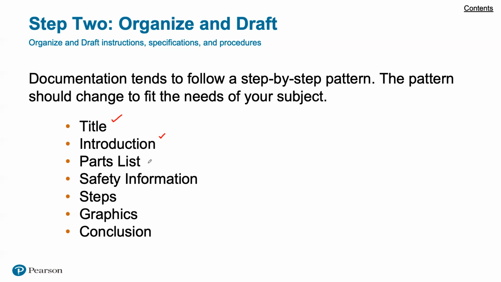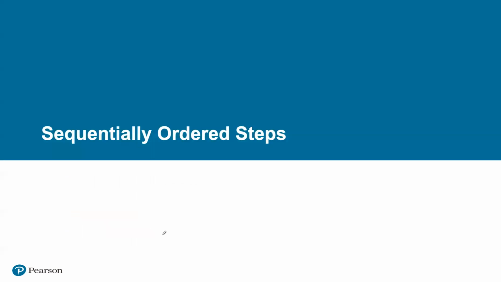Then start listing the parts list. Here you have a technical audience looking for specific information, so you need to make sure that's captured. Is there any safety information for the use of this product, service, or capability? What are the steps? You'll be walking through that. You can have graphics that cover those steps and the specifics for each of them. And finally, having a conclusion.